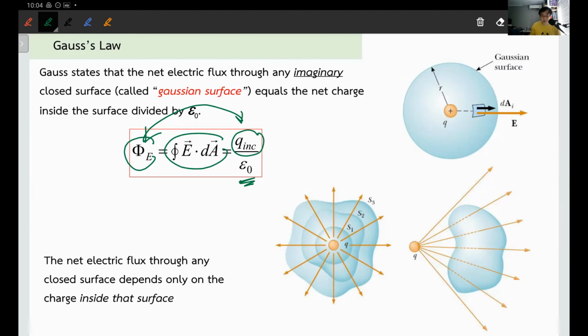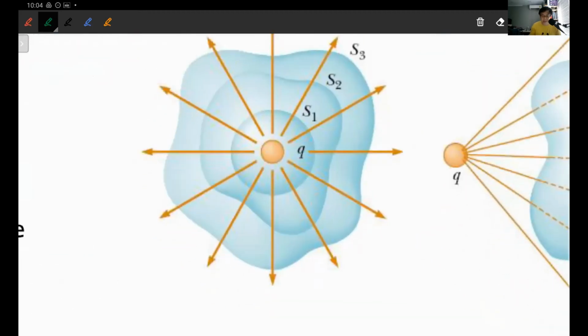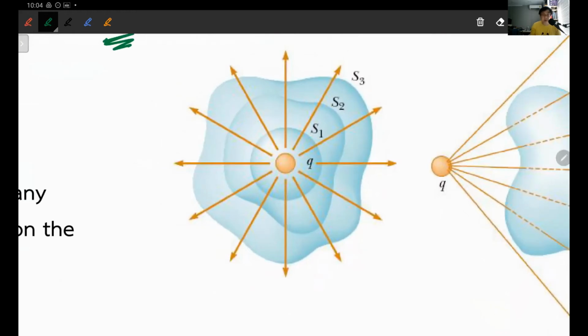Okay, sounds good. So look at this one, guys. If I have a charge Q here and I wrap this charge with surface number 1, surface number 2, surface number 3, what would be the net flux through S1, S2, S3? They are all the same. And it's going to be equal to Q over epsilon naught.